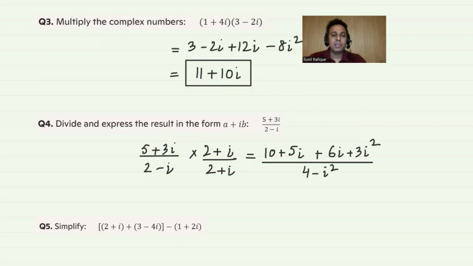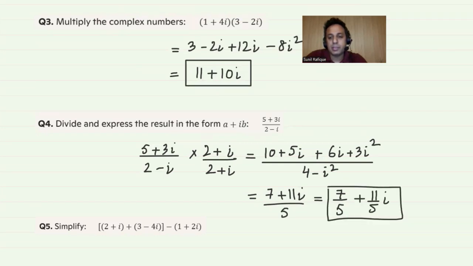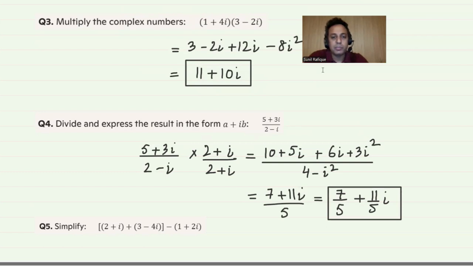You get it? I'm using the identity, difference of two squares. This will be 10 minus 3, 7, plus 11i, over 4 minus minus 1, that's a positive 5. So 7/5 + 11/5 i. That's the answer.